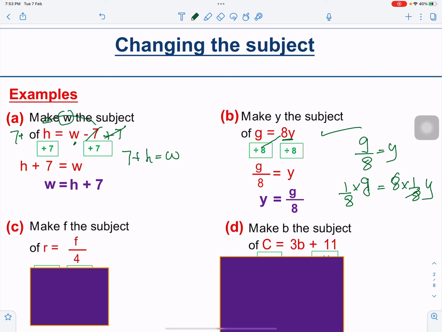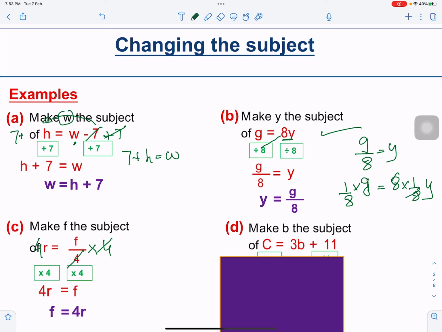This cancels out. Now in this case, you have to make f the subject, so you multiply both sides by 4. This 4 cancels out and you are left with 4r equals f. Where there is a plus sign and there is multiplication, you see there is a term adding and a term multiplying, and you have to make b the subject.